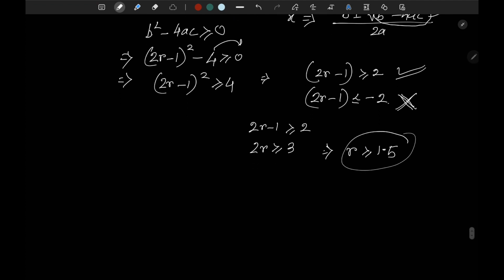Okay, and they have asked for the minimum possible non-negative integer value. This is not an integer. The immediate next integer bigger than 1.5 is 2. So the minimum non-negative integer value of r for this question is 2.